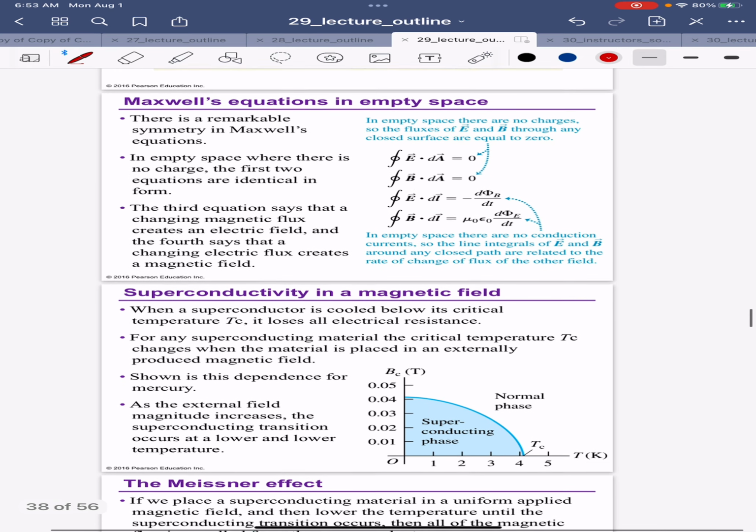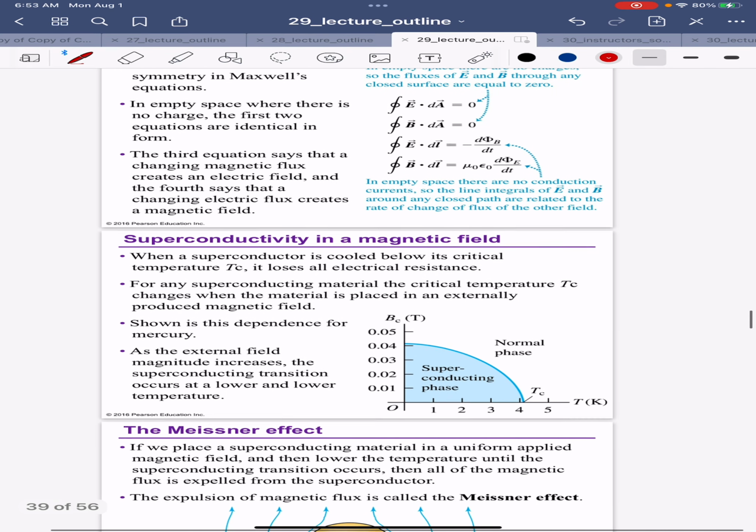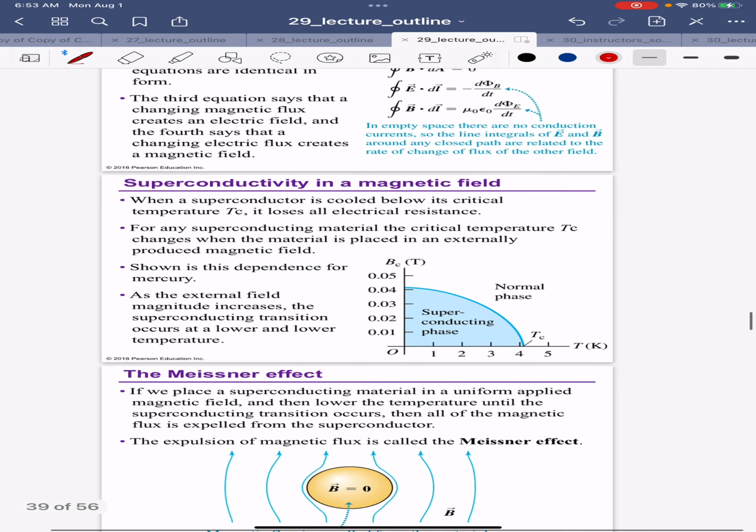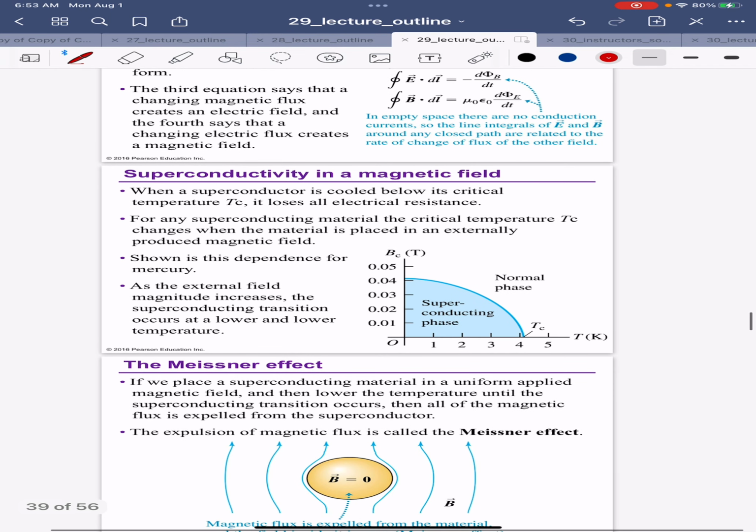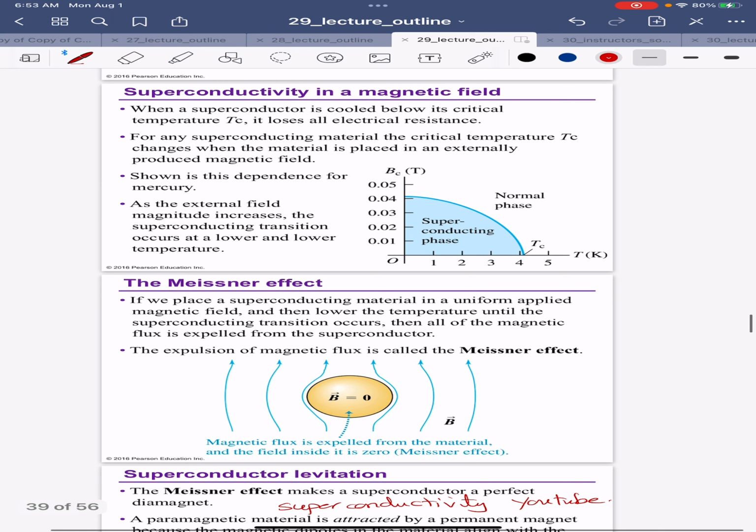And the last thing we're going to talk about is superconductivity in a magnetic field. There are some materials that, when they are below a critical temperature Tc, lose all their electrical resistance, and they will behave in a way that they expel any magnetic field. This is called the Meissner effect.